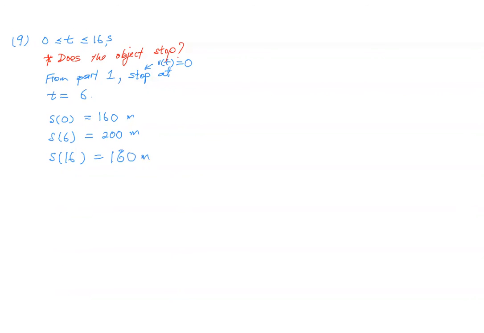So that means I draw a motion diagram. Here is the origin. Here is the start, 160. From here, go to 200. Then from 200, go back to 160.